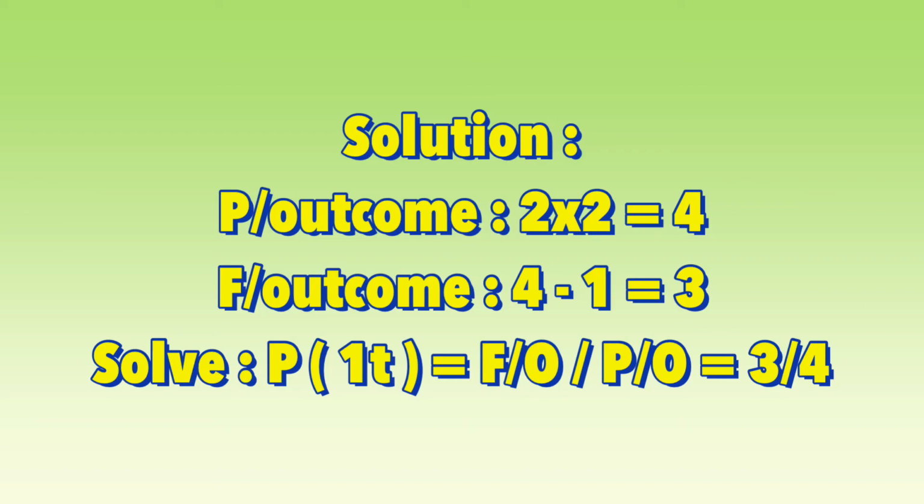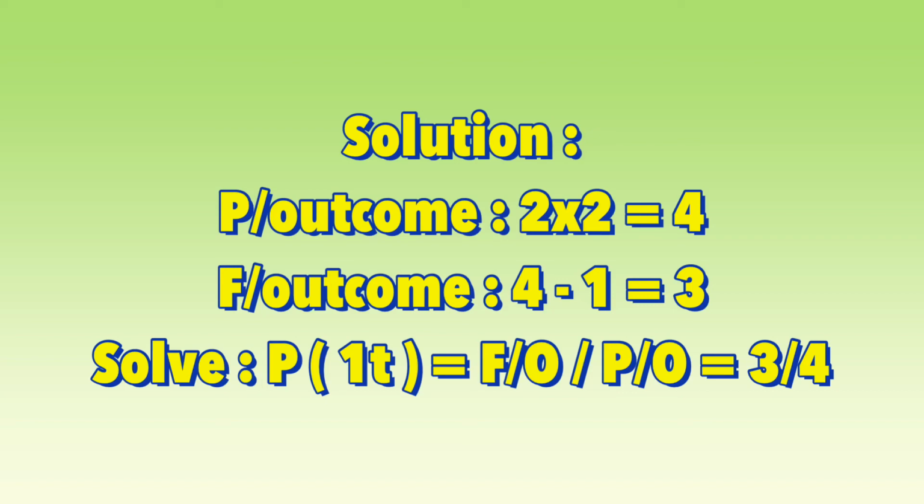To determine the number of favorable outcomes, out of the 4 possible outcomes, since we're asking for at least one tail, we just subtract 1 from the possible outcomes. So 4 minus 1 equals 3.